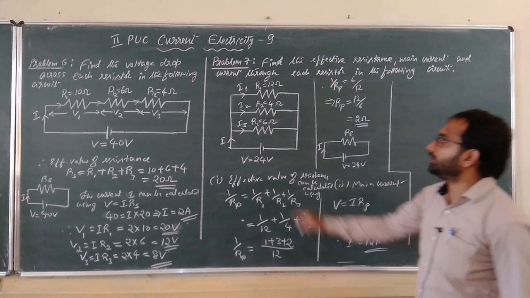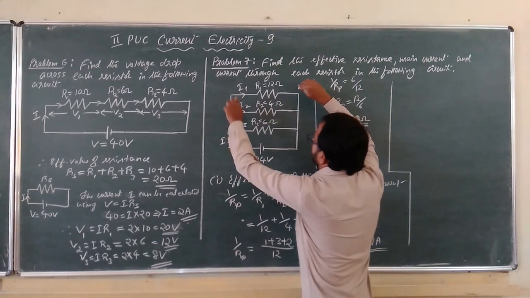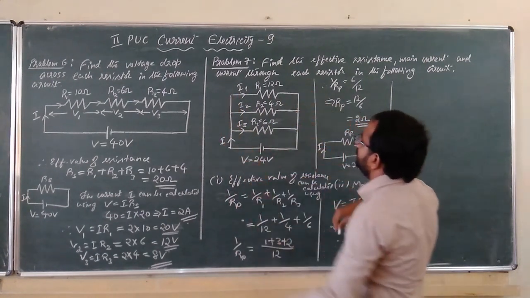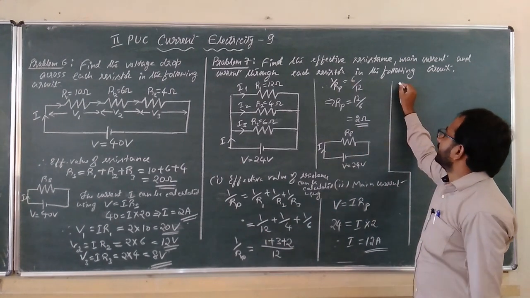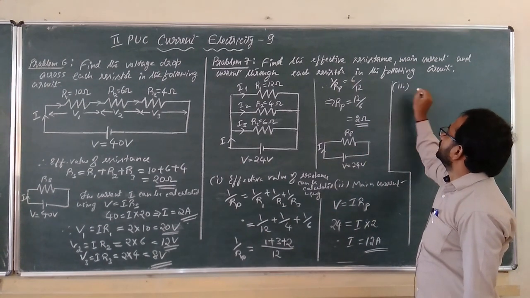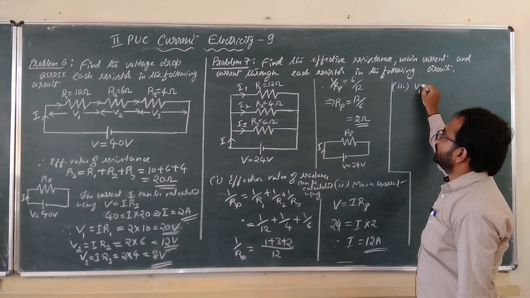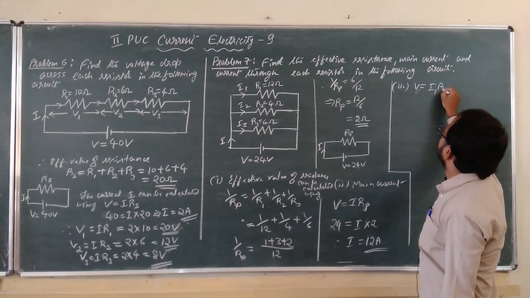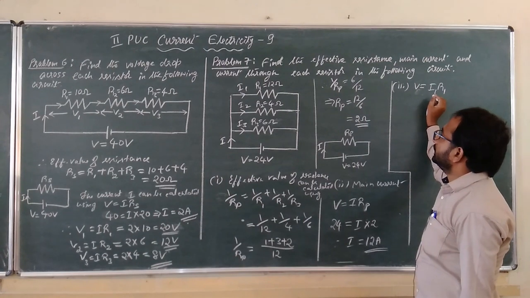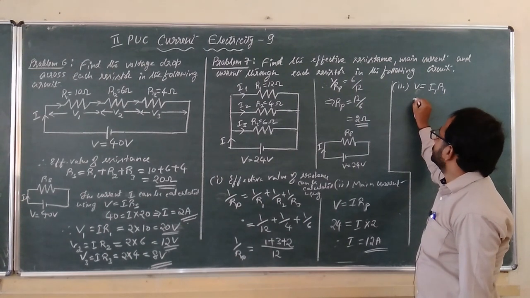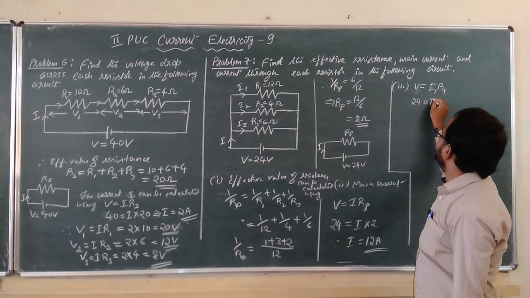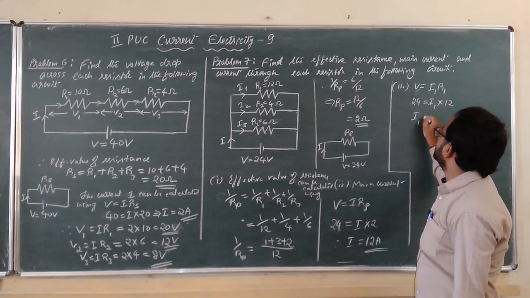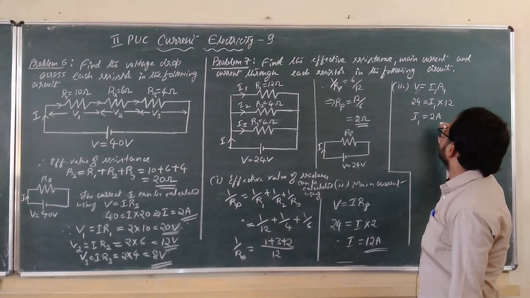How to calculate I1? The potential drop across R1 is V itself, that is 24 volt. Using Ohm's law, V is equal to I1 into R1. V is 24, I1 is not known, R1 is 12, so I1 is 2 ampere.